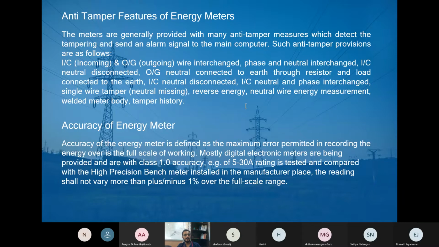For example, a meter rated 5 to 30 amps is tested and compared to a high precision bench meter at the manufacturer's place for testing. The reading shall not vary by more than plus or minus 1%. If it is beyond plus or minus 1%, it will go to the next stage, that is 1.5 accuracy. So as the error is low, the accuracy will be high.